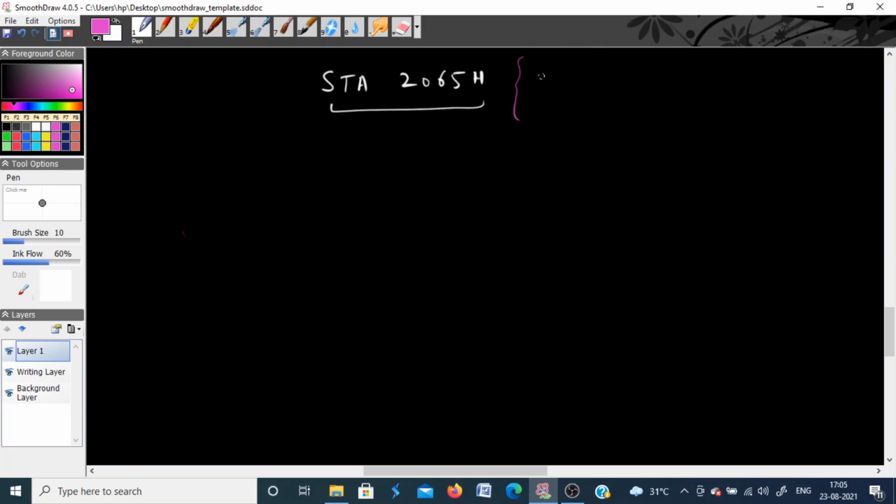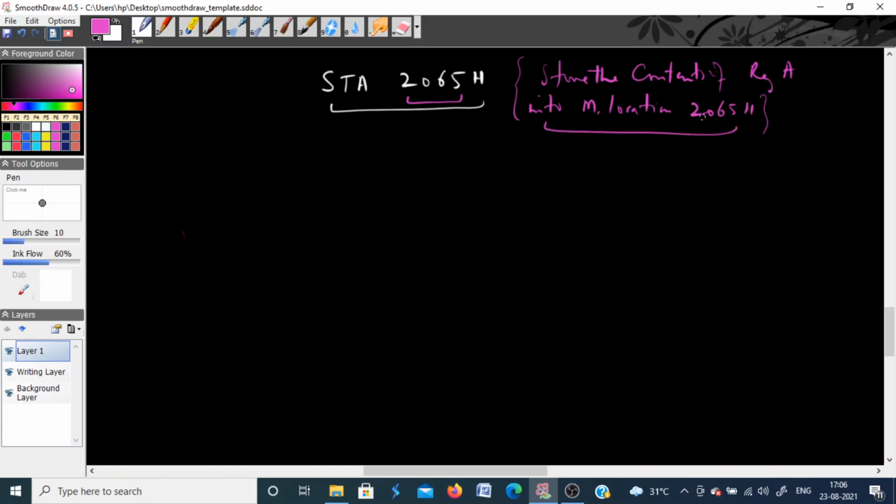It means you have to store the contents of register A or accumulator into the memory location that is specified in this 16-bit address, that is 2065H. You have to copy the contents of the accumulator into the memory location, the address of which is specified here. So it can be any address.